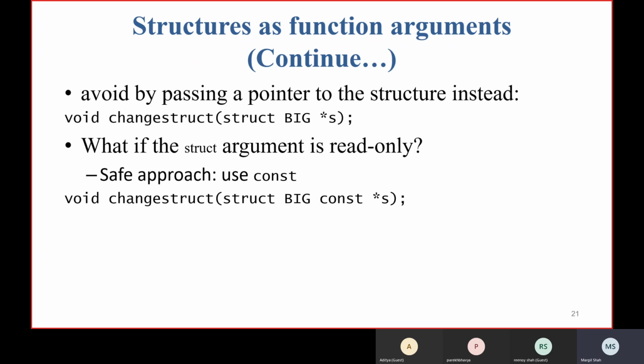What if the struct argument is read only, right? The safe approach is to use const. So const this, so again it's a pointer to the structure, but now it's const, meaning we cannot change the value referred to by this pointer, right? The pointer may not be incremented, decremented, or its location changed.